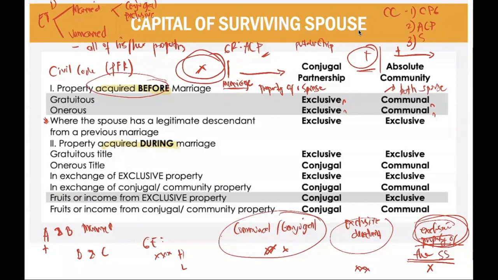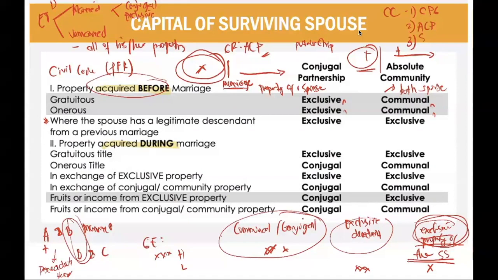Now, if A and B have descendants, or what we call heirs, the properties must first be provided to those heirs. Therefore, any properties of the spouse B cannot be transferred to the property of the new marriage.